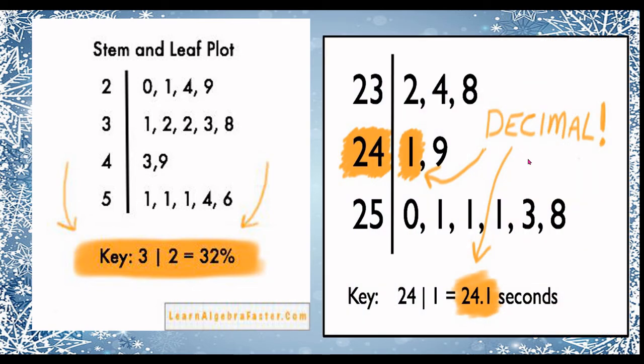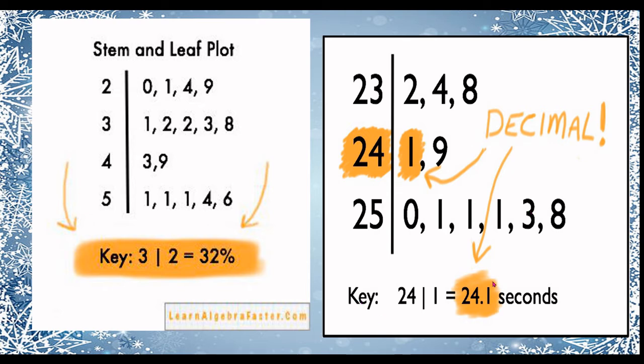Or we also got some that is about decimal numbers. Like for example, 33.2, 33.4, 33.8. If you didn't mention in the key, pelajar faham tak kepentingan key ni?